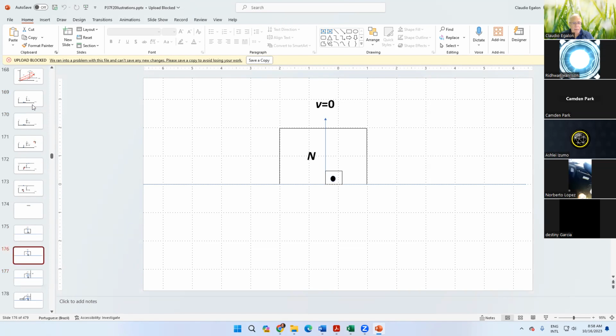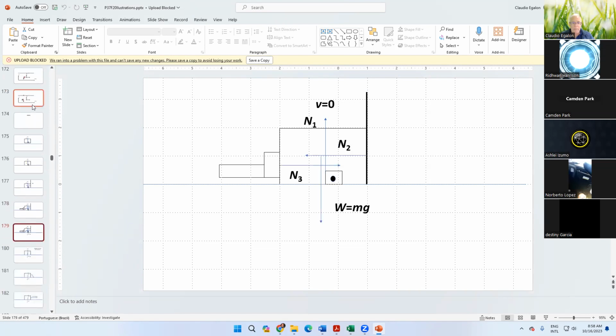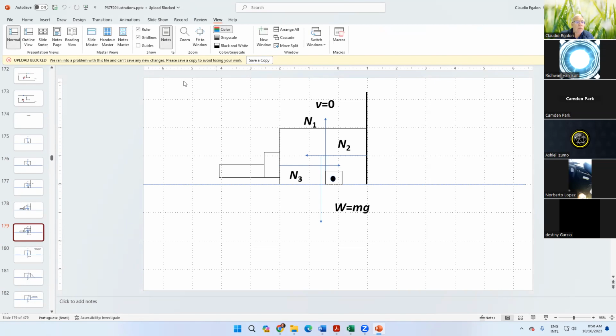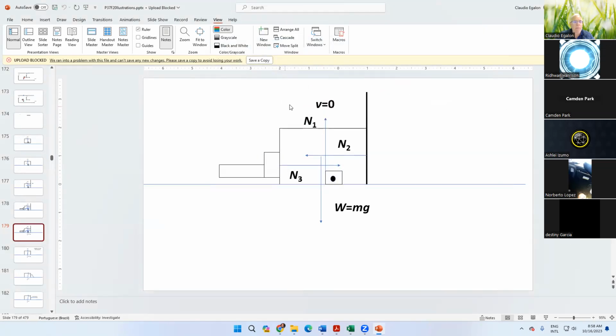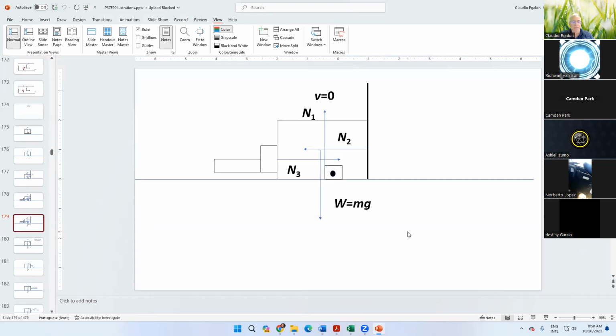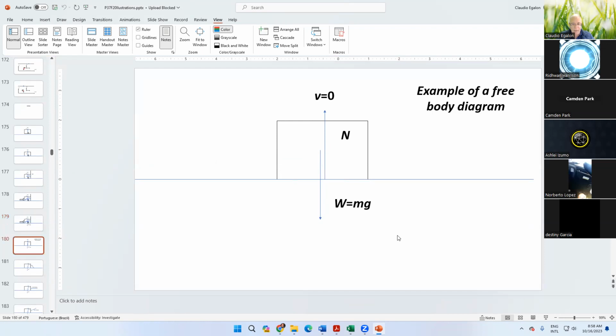A free body diagram shows all the forces applied to the object. And the grid line, I don't like the grid line. The grid line makes the picture look so ugly. But sometimes we need the grid line to line up the objects there. Good.